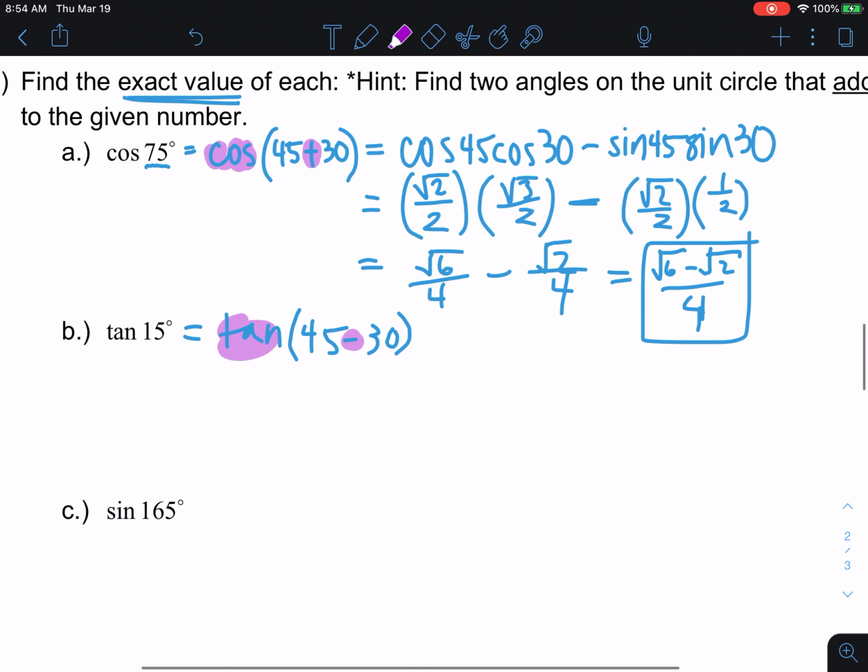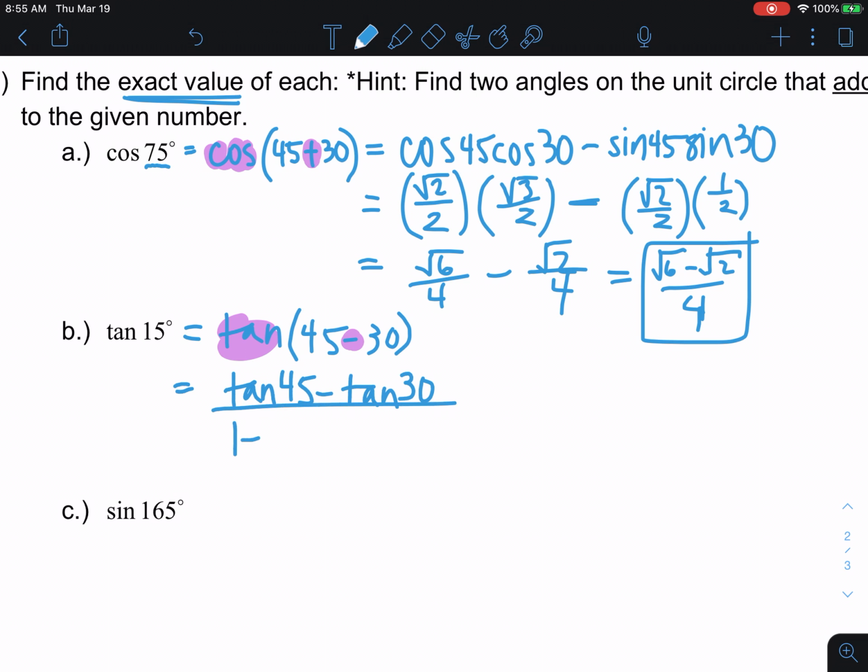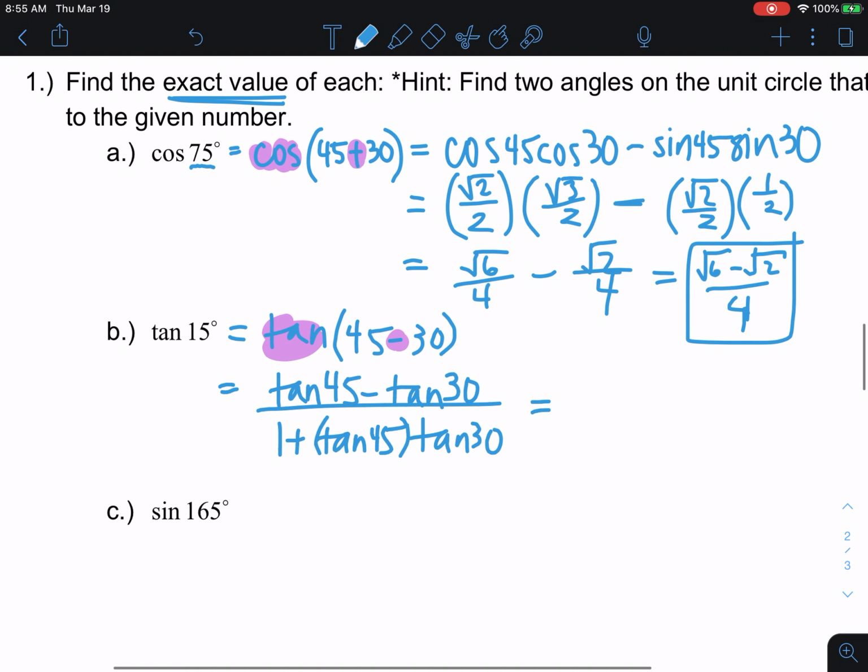Coming back down here, I'm going to have tangent 45 minus tangent 30 all over 1 plus tangent 45 times tangent 30. Now we all love tangent because when we find it on the unit circle, you have to take the y value, divide it by the x value, or take that y value and multiply it by the reciprocal of the x coordinate.